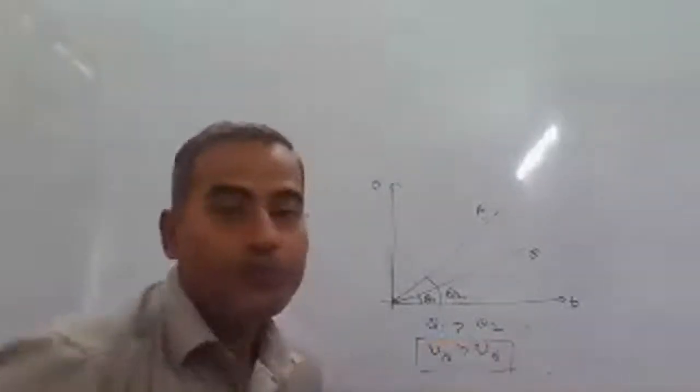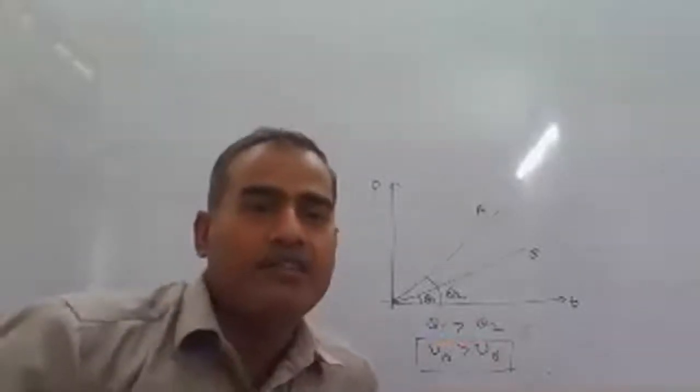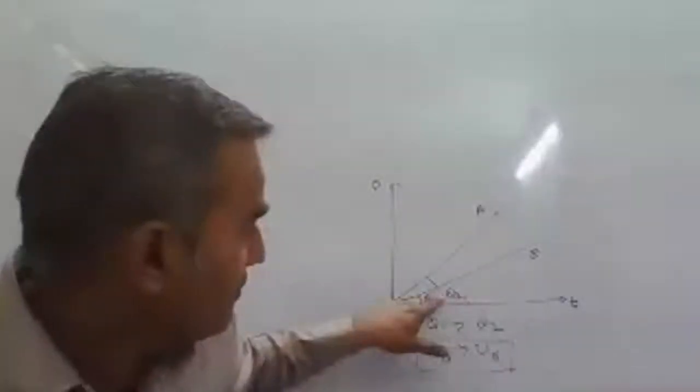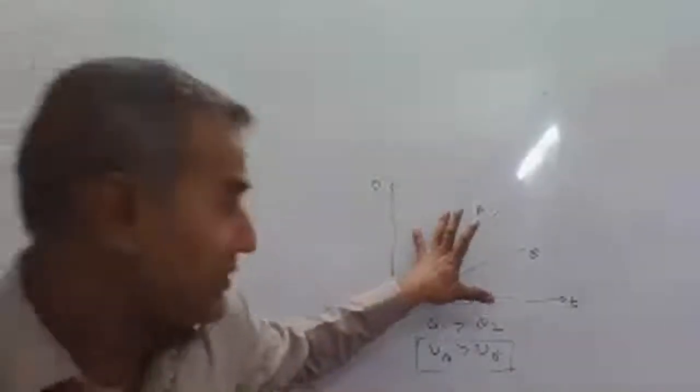The greater the slope with the time axis, the greater the velocity. So the velocity of body A is greater than that of B.